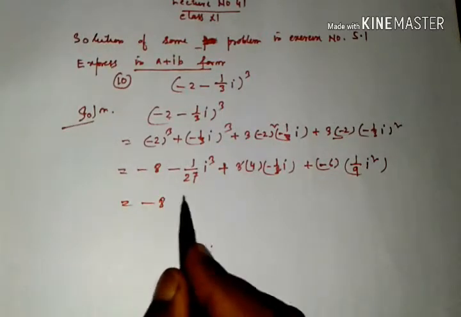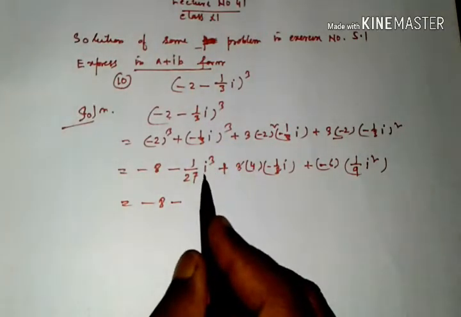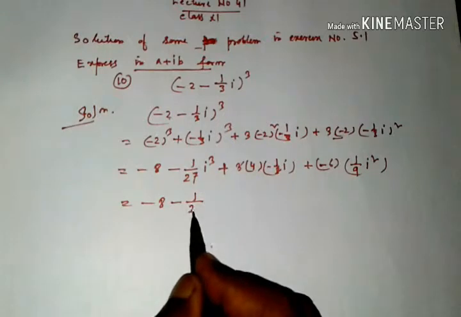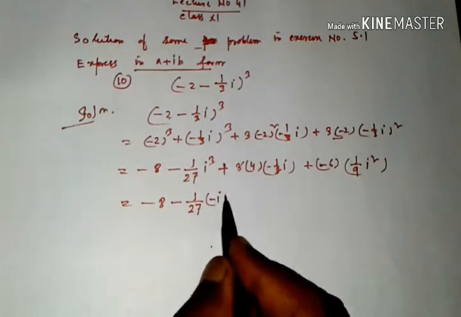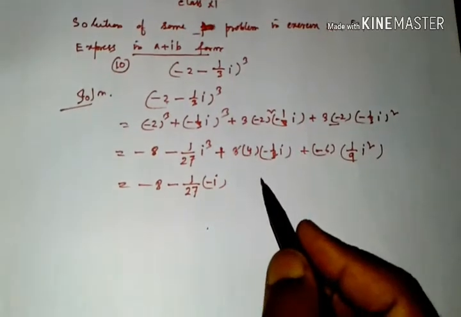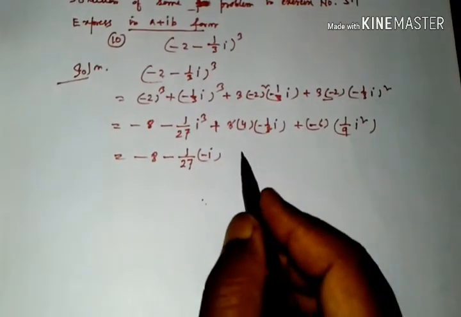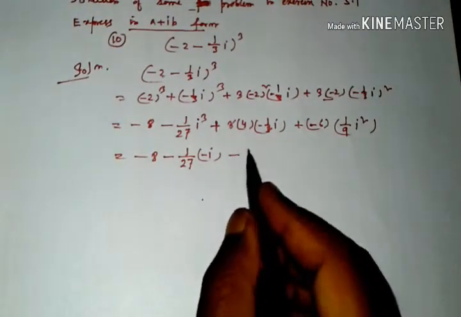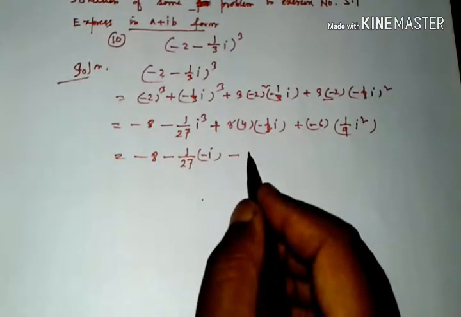This is minus 8. We know i cube is equal to minus i. Therefore, 1 by 27, this is minus i, since i cube is equal to minus i. This is minus 4i.